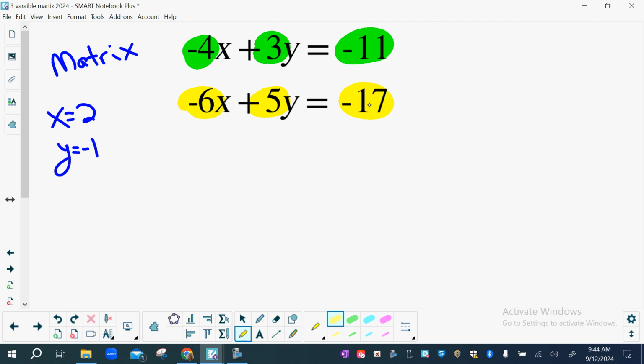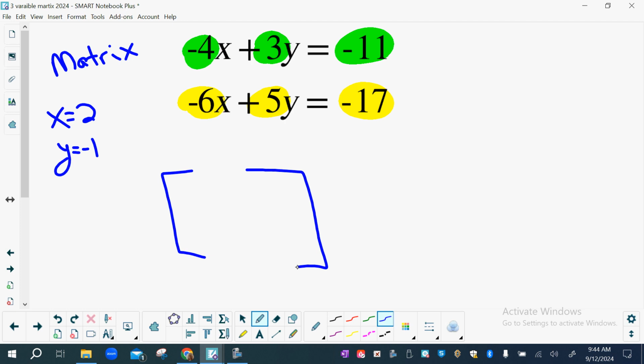So the first thing I need you to do is set up this first thing, called a matrix, which is just a way to write the important parts of our equation down. So I'm going to ask you to erase your whiteboard and write this little thing over on the side, because in a few minutes you're going to bring out your Chromebooks, and I want you to have space for your Chromebook and space for the math.